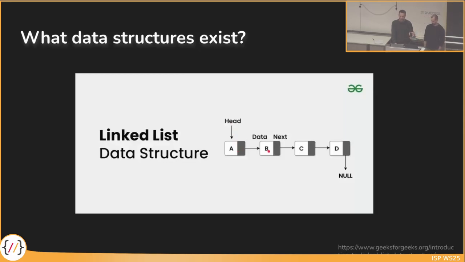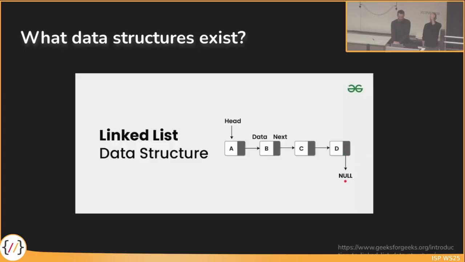And this next item has a reference to the next one, and so on, until the end of our linked list. And then there's no further reference, so instead of an address to the next element, we have a null reference here in the end.